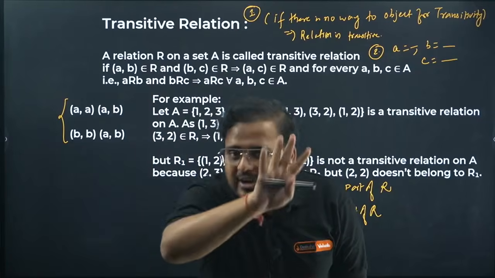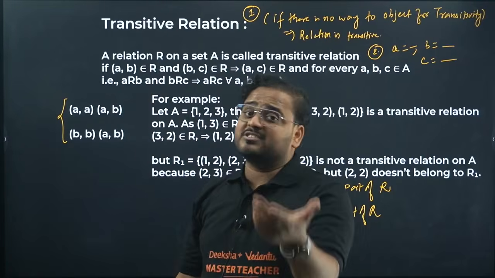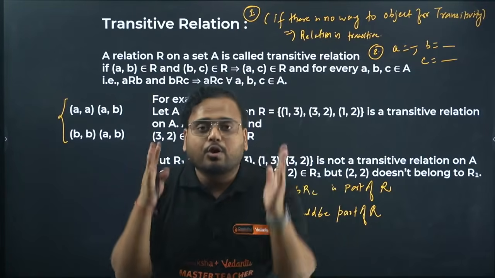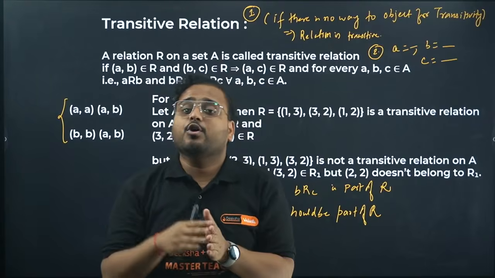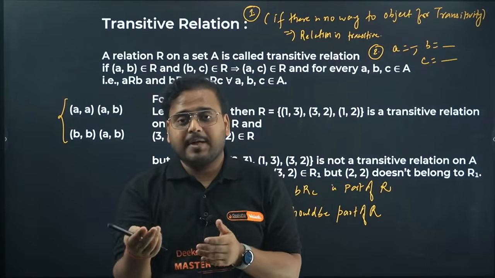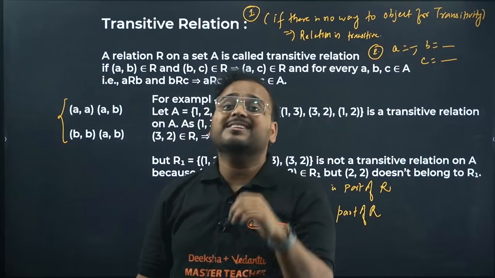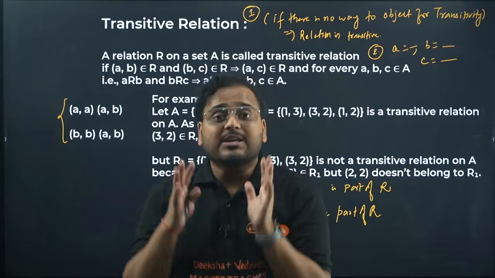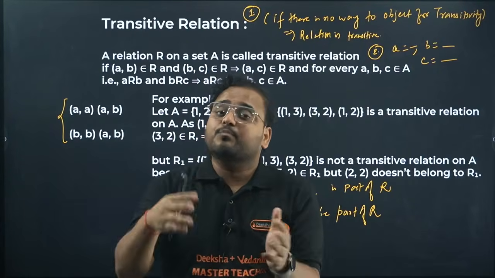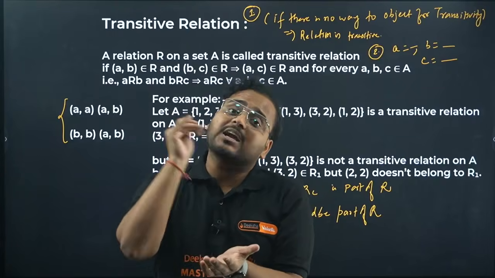So for different values of A, B, C the given relation is transitive. So please don't look for the values where it is transitive. Look for the values where it is not transitive, because even if it is not true for one such value, the given relation is not transitive. Do not look for the values which prove the transitivity; look for where you can't prove it.